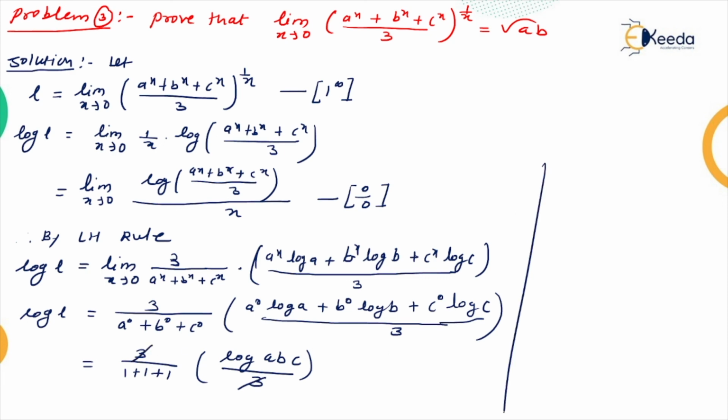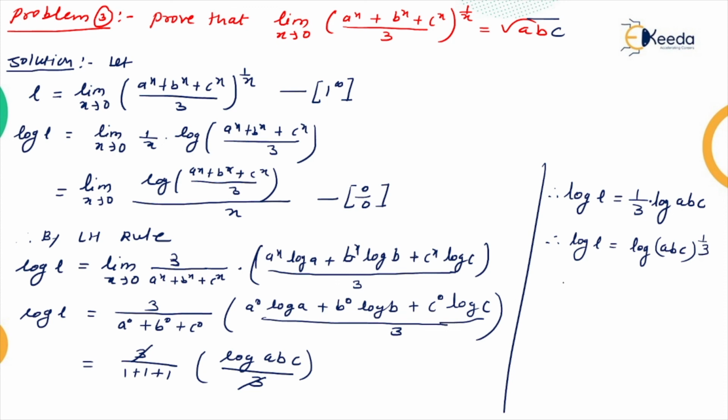Therefore log L is equal to 1 upon 3 into log of abc. Using the log property, this can also be written as log of (abc) raised to the power 1 divided by 3.